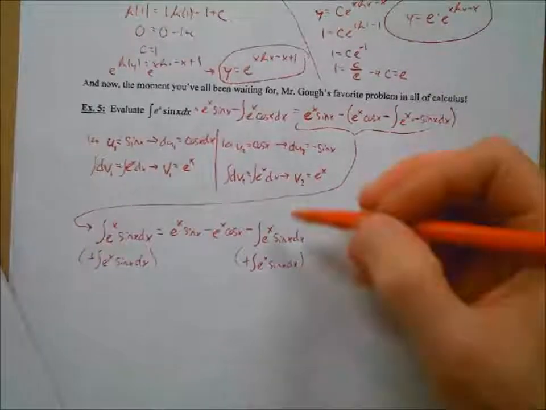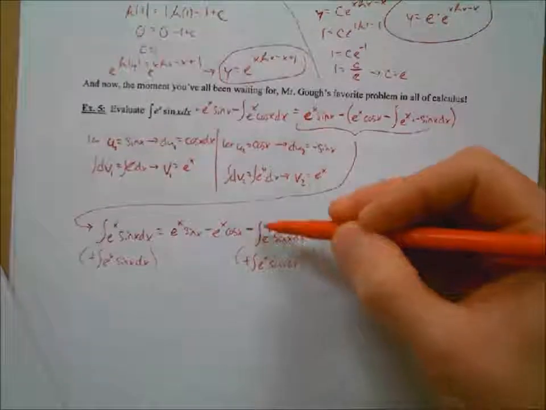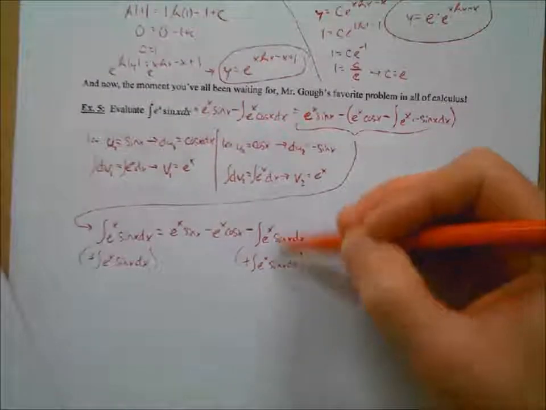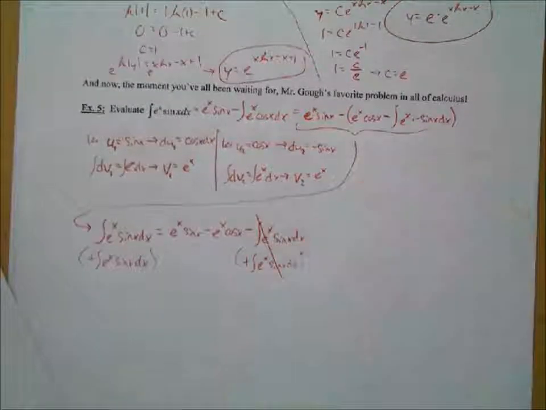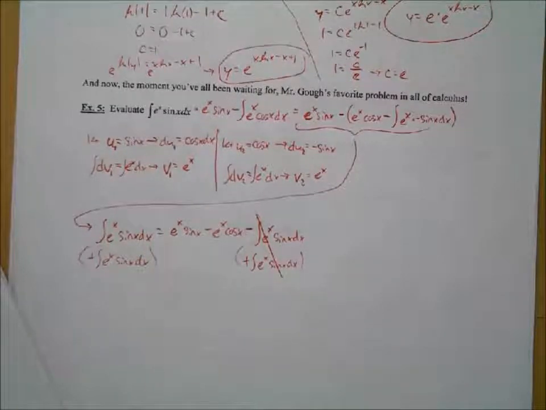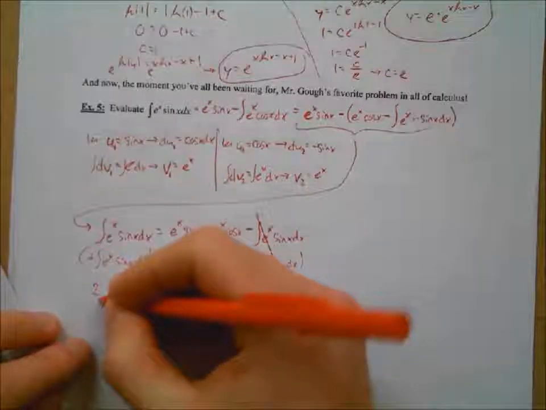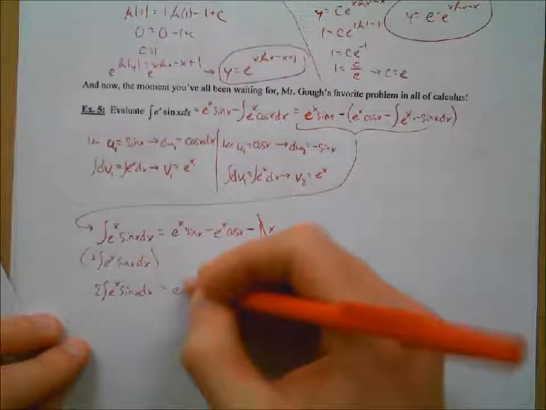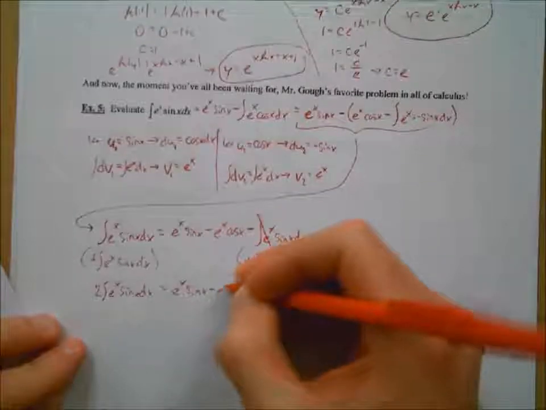Okay. If I have a minus integral e to the x sine x dx and I add integral e to the x sine of x dx, what happens over here? They cancel. Okay. If I add these two together, what are we going to get? 2 times the integral e to the x sine of x dx, and that's equal to e to the x sine x minus e to the x cosine x.